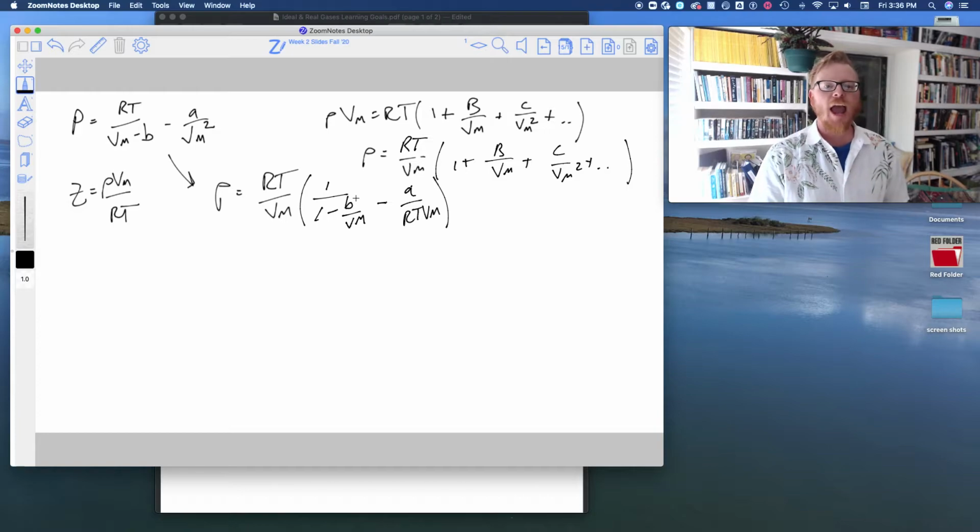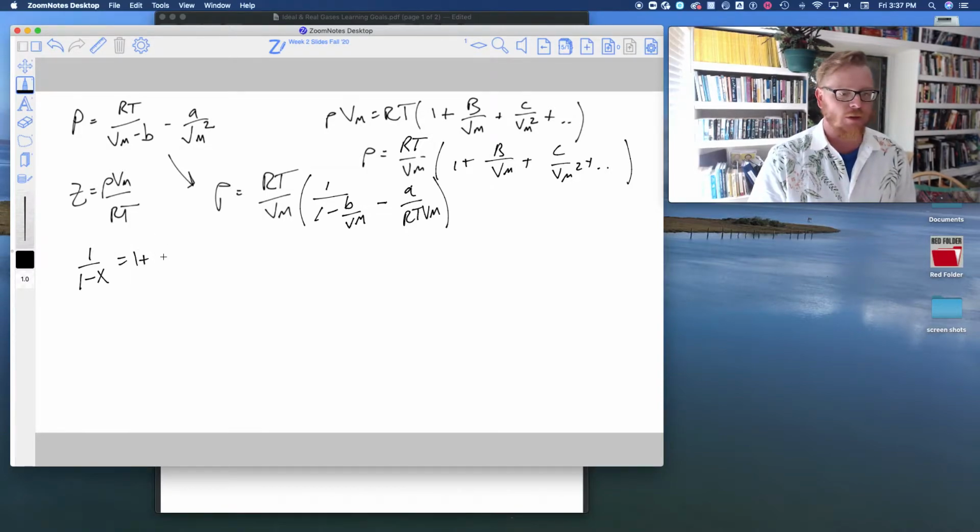So now if I compare these two equations, they're starting to look really similar. That's a good thing. We're getting somewhere. If you focus on this for a second, we're going to see Maclaurin again. Here is our general Maclaurin expansion: 1 over 1 minus x equals 1 plus x plus x squared, and so forth.